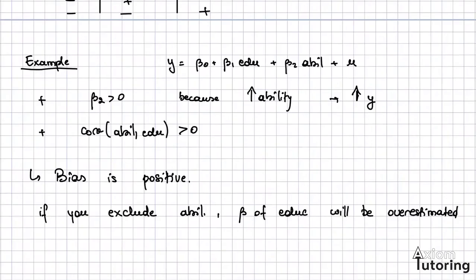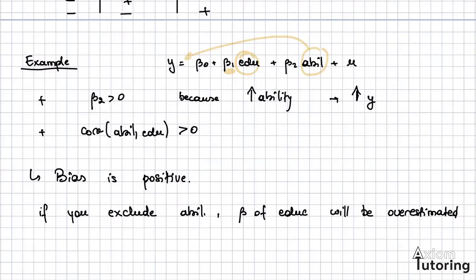Because education would have included the positive effect that ability would have had on income as part of its beta 1, so it would have shown as something bigger than it actually is, okay?